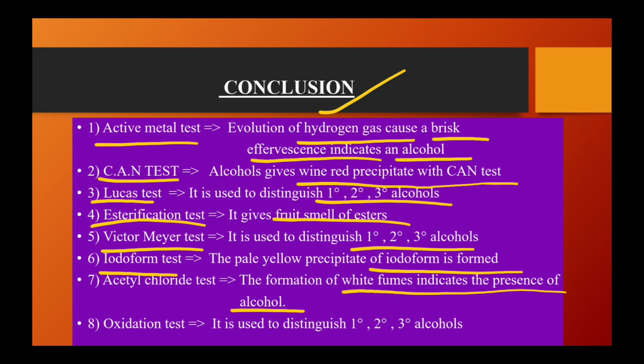Then finally the oxidation test, also used to distinguish primary, secondary and tertiary alcohols. Primary alcohol gives orange to green color, secondary alcohol also gives orange to green color, but tertiary alcohol still remains orange.